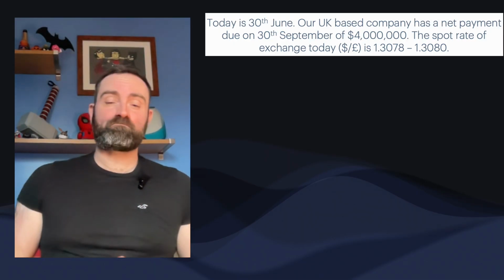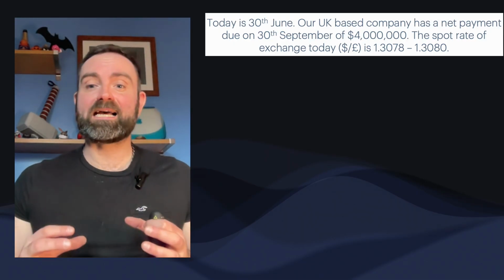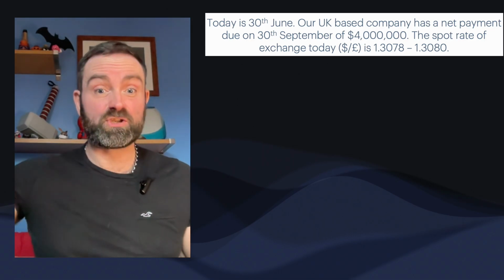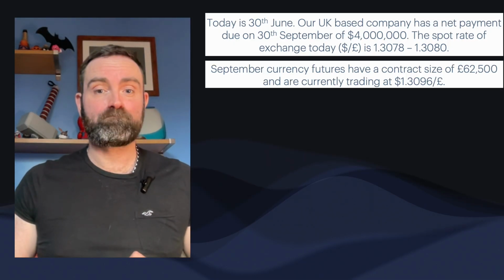So let's start with our scenario. This is the sort of information you'd see on the day in an exam, or the information you need to gather in the real world. Today is the 30th of June. Our UK-based company has a net payment due on the 30th of September of $4 million, so in 3 months' time. The spot rate of exchange today, dollars to pounds, is 130.78 to 130.80.